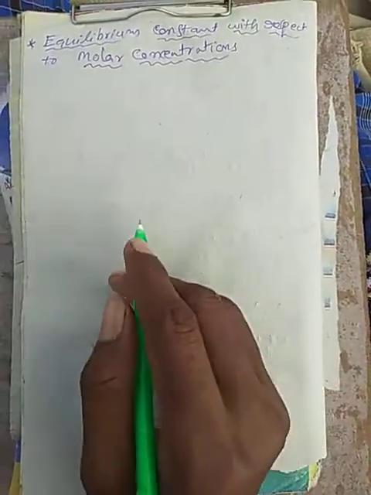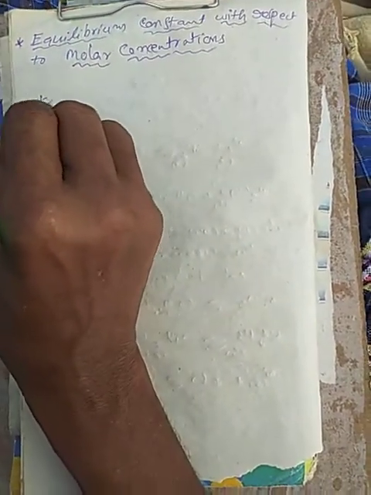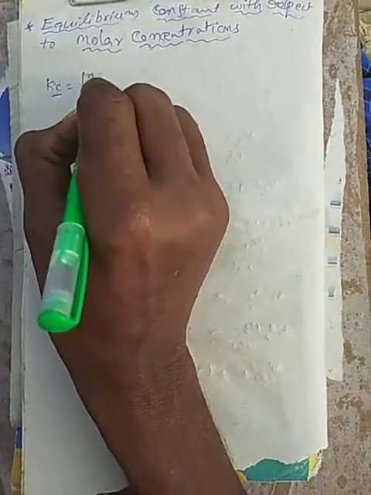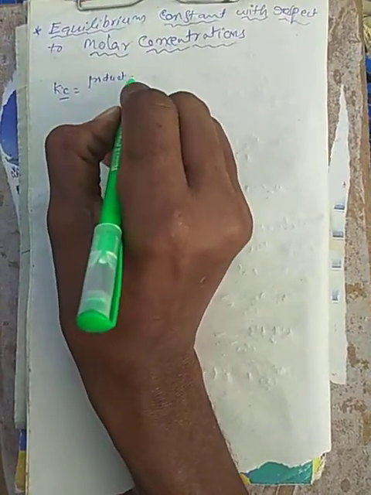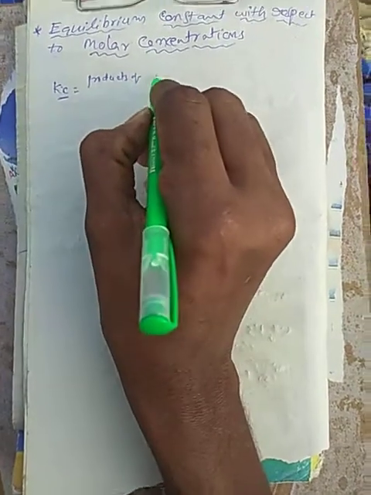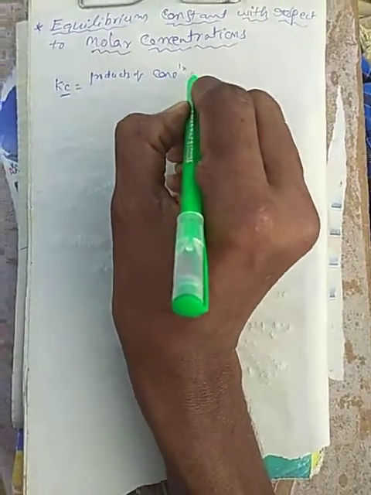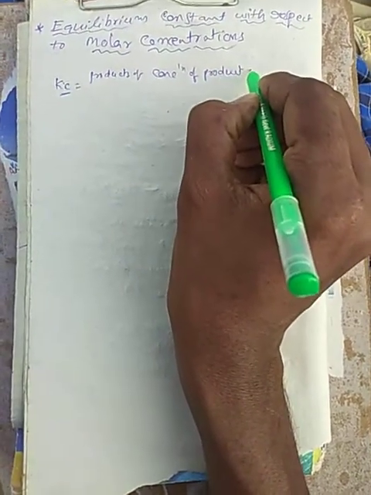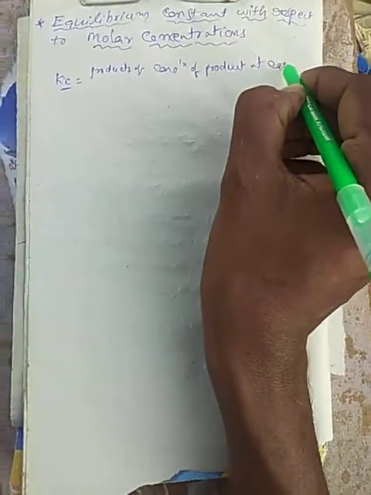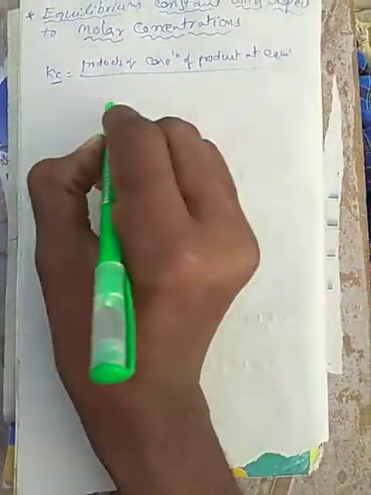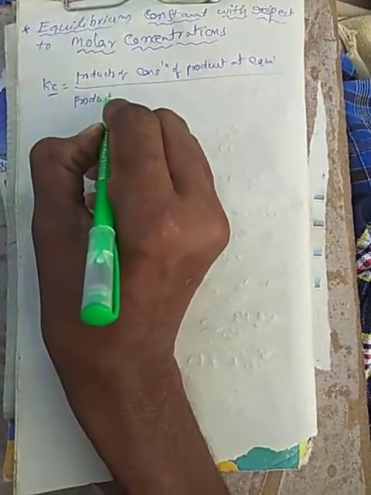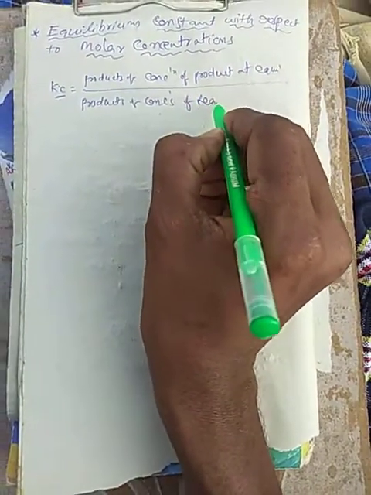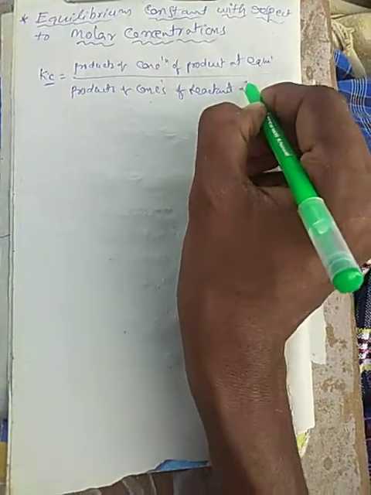Now in this one the relation is Kc, the equilibrium constant represented by Kc, is equal to the product of the concentration of products at equilibrium divided by the product of the concentration of reactants at equilibrium.